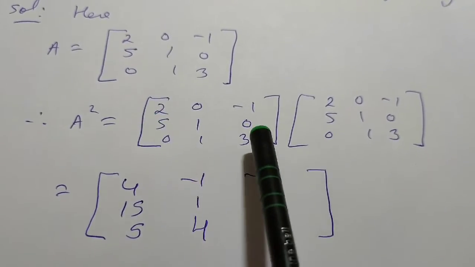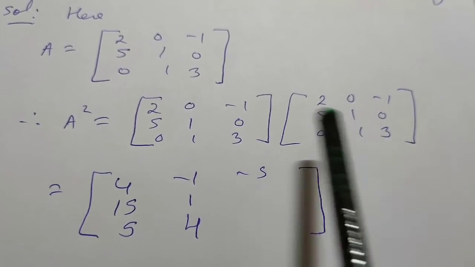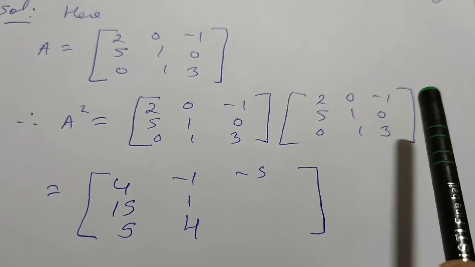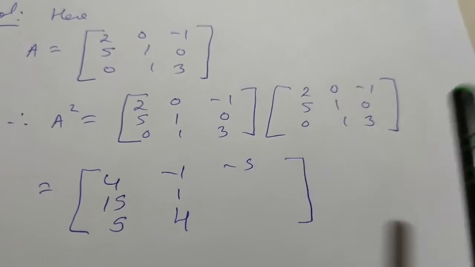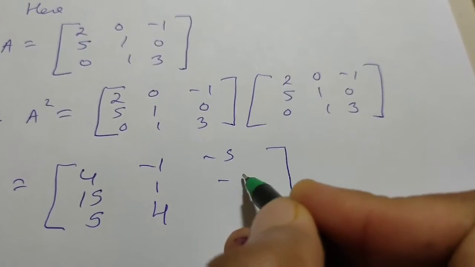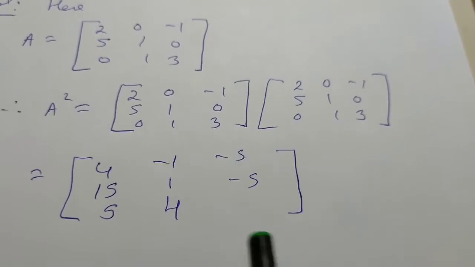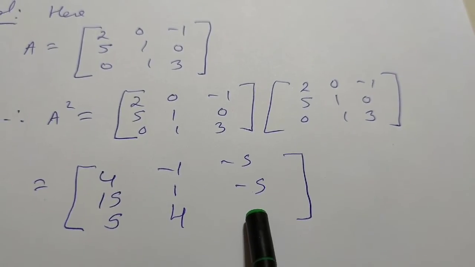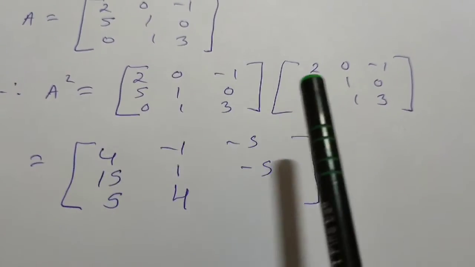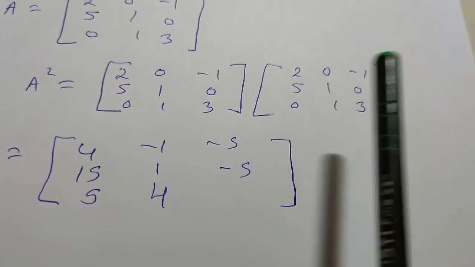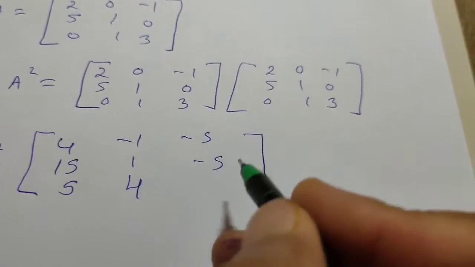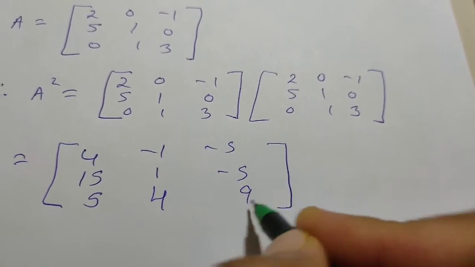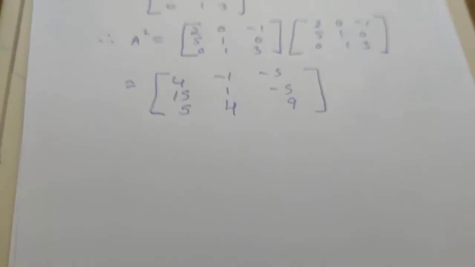For that we will multiply R2 with column 3. 5 into minus 1 is minus 5, 1 into 0 is 0, and 3 into 0 is 0. The total will be minus 5. Now for getting the third entry of column 3, 0 into minus 1 is 0, 1 into 0 is 0, and 3 into 3 is 9. So total will be 9. So this is our A square.